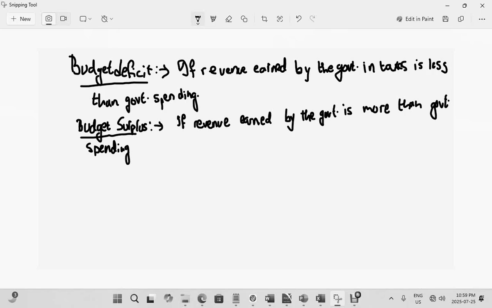Now, apart from these two, you also have a balanced budget. A balanced budget is sort of like your equilibrium point, and this is when your spending and taxes, or earnings and spending expenditure, are the same.